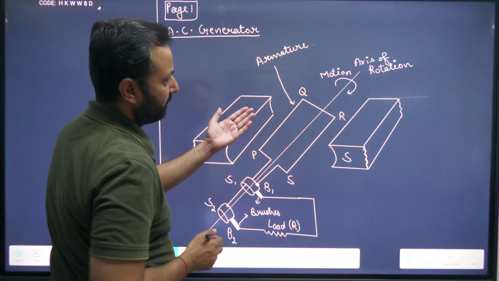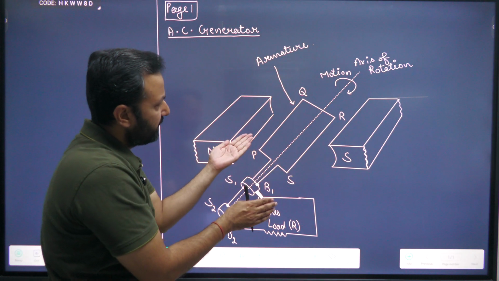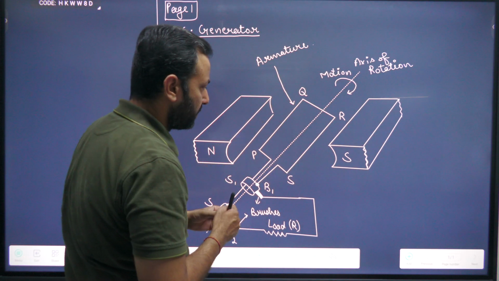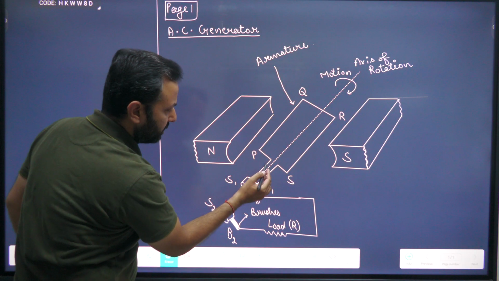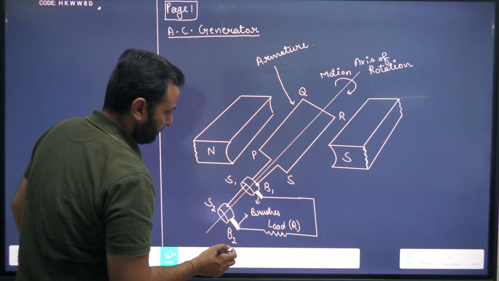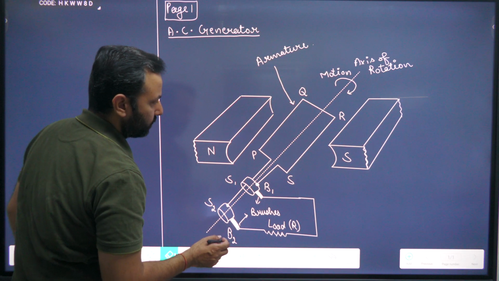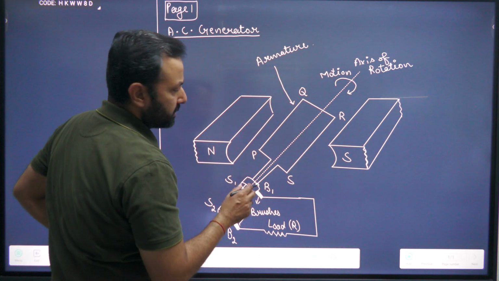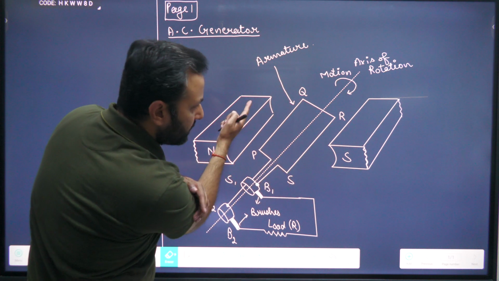After a half cycle, this PQ will come here. You have to assume it because I'm not going to change this diagram. Just imagine it. This PQ will come here, and SR will come here.